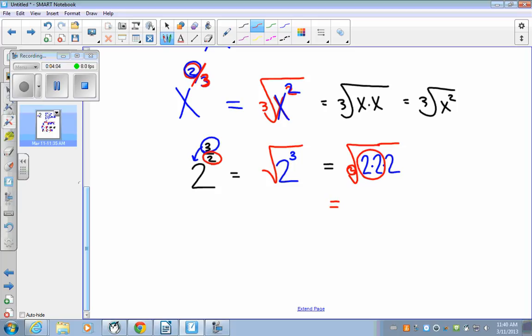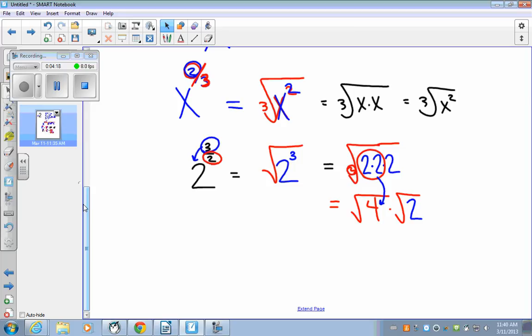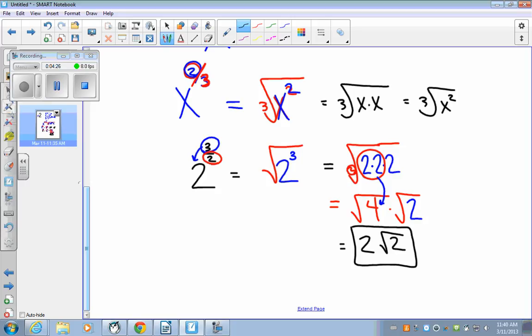So another way you can look at this is the square root of 4 times the square root of 2. So I just multiplied these 2's together, and I left the other one hanging there because it didn't have a partner. Square root of 4 is 2, and the square root of 2, I just keep that square root of 2, and so this is my simplified version.